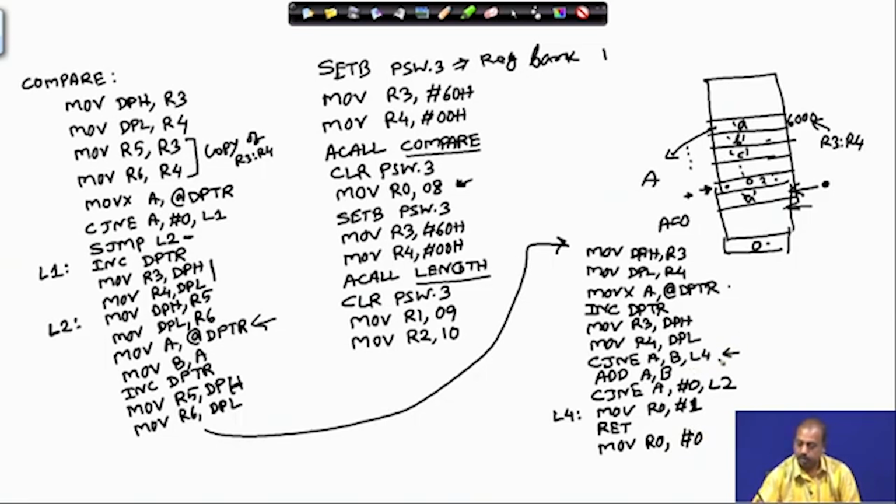So, if the characters are same, then it is adding here, and then I am checking end of string. If they are not same, I am sorry.